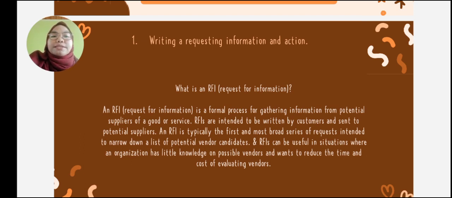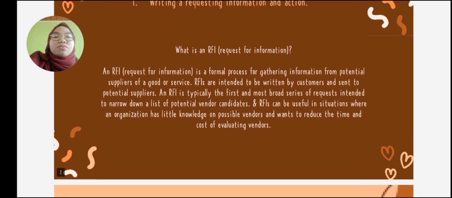What is RFI, or request for information? A request for information is a formal process for gathering information from potential suppliers of a good or service. Requests for information are intended to be written by the customer and sent to potential suppliers.